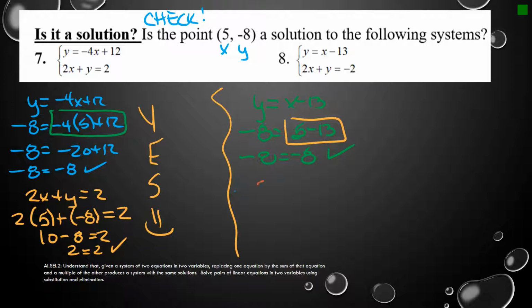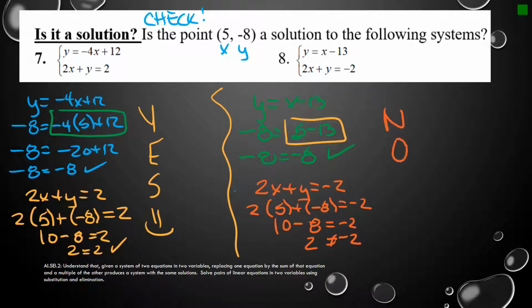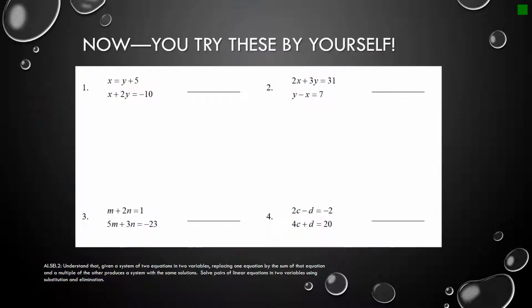Then for the second one, I've got 2x plus y equals negative 2. X is 5. Y is negative 8. Does 10 minus 8 equal negative 2? It does not. So no, it is not a solution. The left side has to equal the right side for it to be a solution.